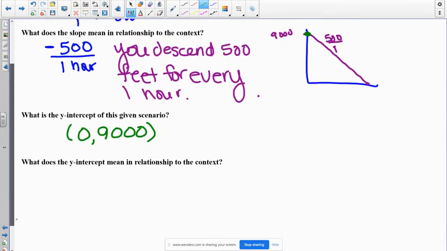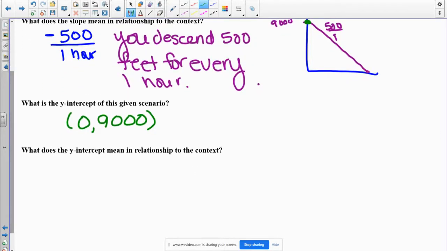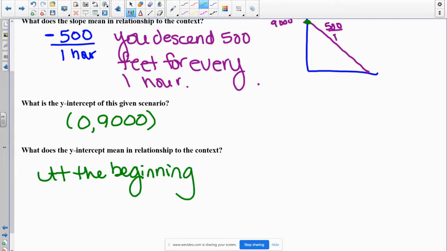And what does the y-intercept mean in relation to this context? You can say at the beginning or at the start. It kind of depends on what kind of sentence you want to write here.